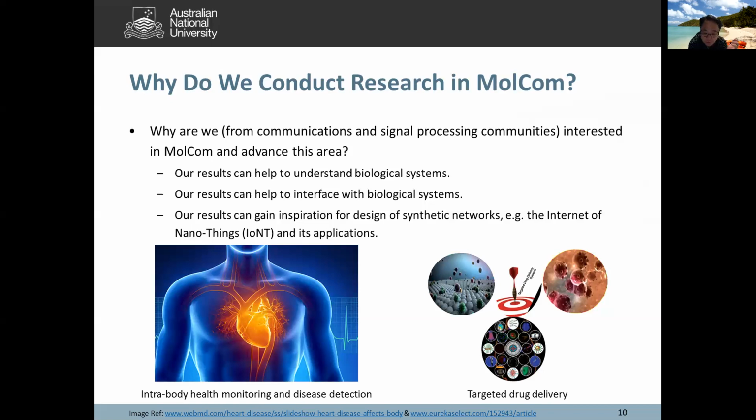So for all these things, molecular communication is a very, very promising communication paradigm, and it has huge potential for future use in different kinds of applications. That is why we want to build up the fundamental theory of this communication paradigm and advance this area. And ultimately, we hope that our results can bring different kinds of applications into reality.